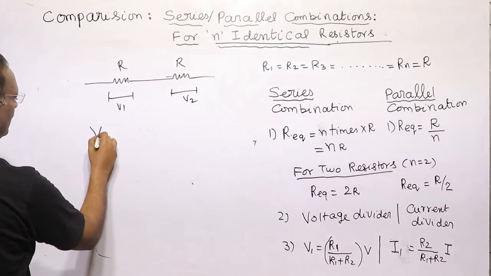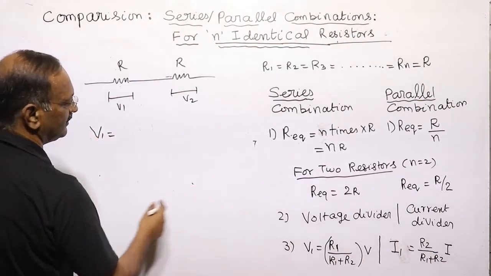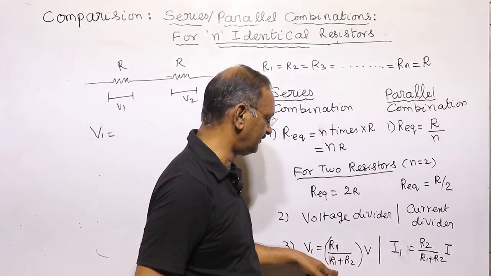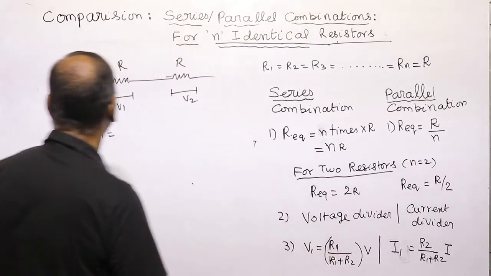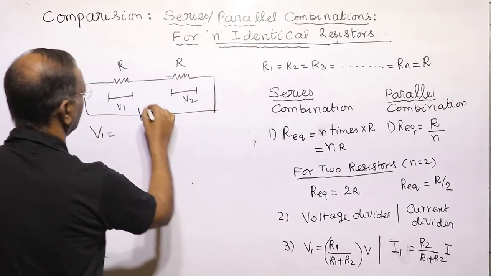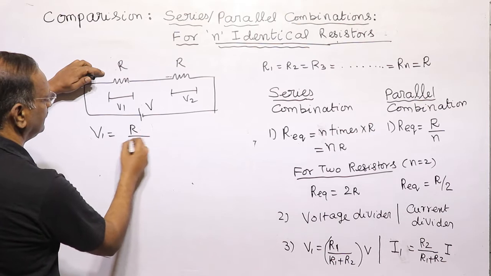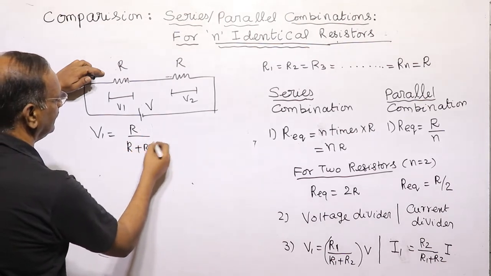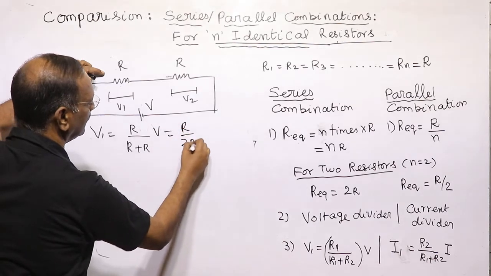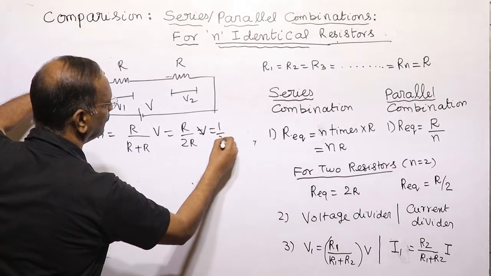So voltage 1 is equal to, see, voltage divider means R1 divided by R1 plus R2, multiplied by the common applied voltage V. So here R1 is equal to R, R2 is equal to R, so R plus R, into V, is equal to R by 2R into V, is equal to half V.